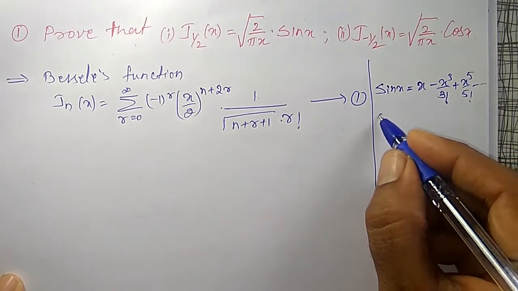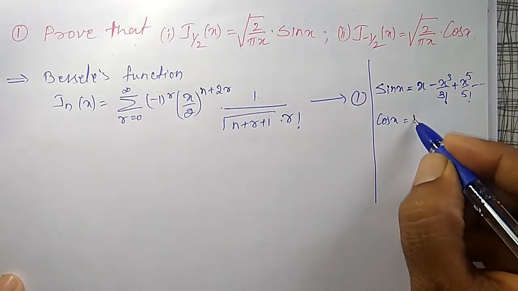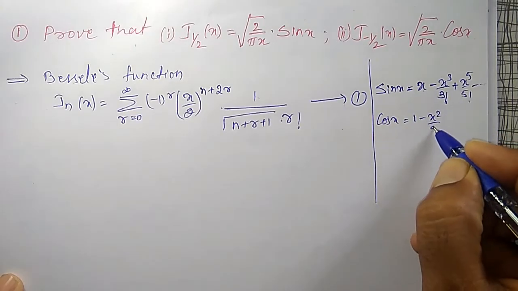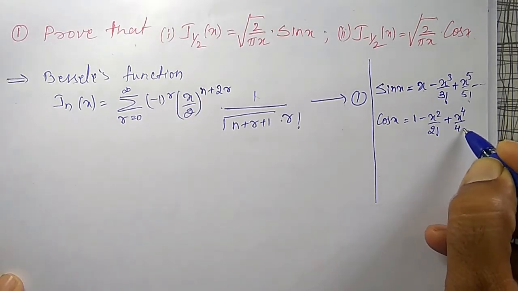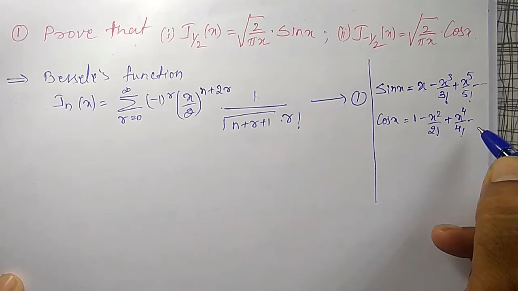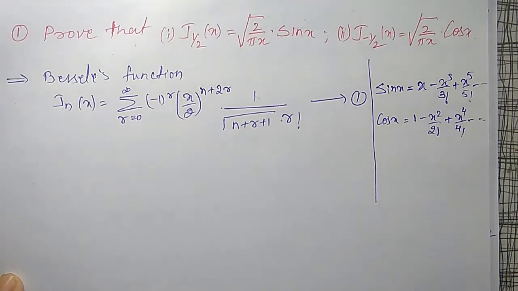Like that, for cos x also I have even powers of x: 1 minus x square by 2 factorial plus x raised to 4 by 4 factorial minus x raised to 6 by 6 factorial and so on. Therefore, I have to prove this series, then I will get my required answer.